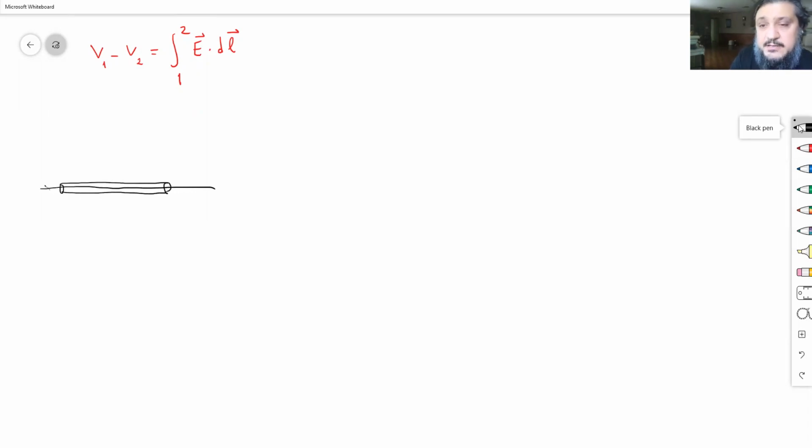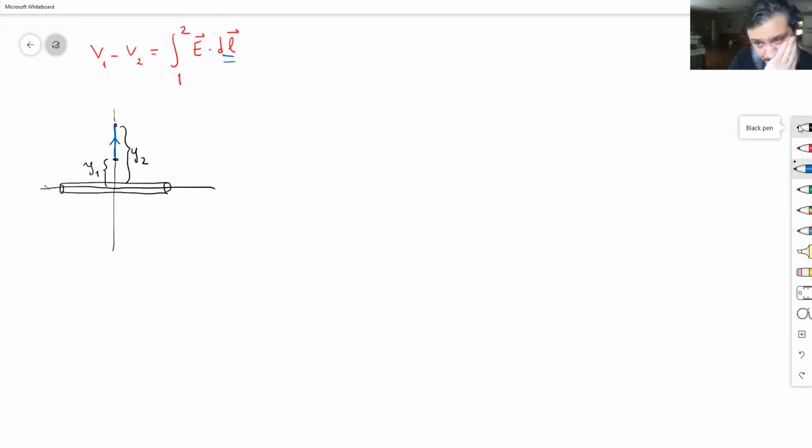So here's the charge again, and here's the y-axis. Now let this be point 1, at distance y1 from the charge, and here's the second point, which is y2. I'm going to go from point 1 to point 2 along a straight line, which is the easiest one, because I know that the electric field is parallel to that increment. So dl will be just a straight line.